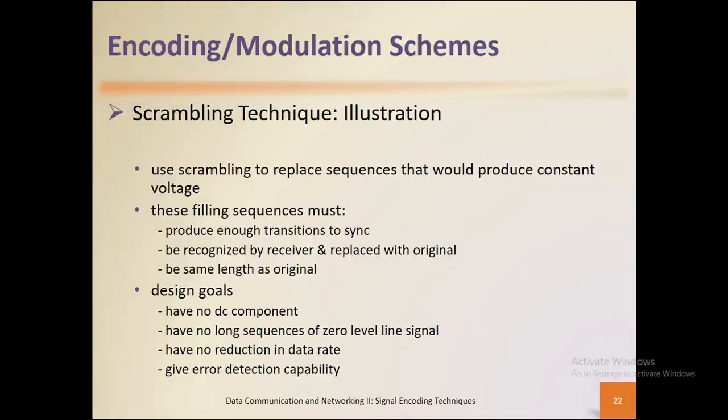These filling sequences must produce enough transitions to help with synchronization for clocking, and the receiver must be able to recognize them and replace them with the original sequence bits that produced the constant voltage level.